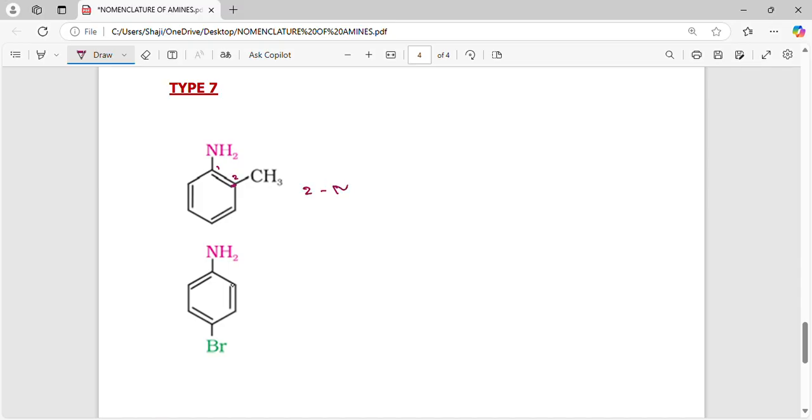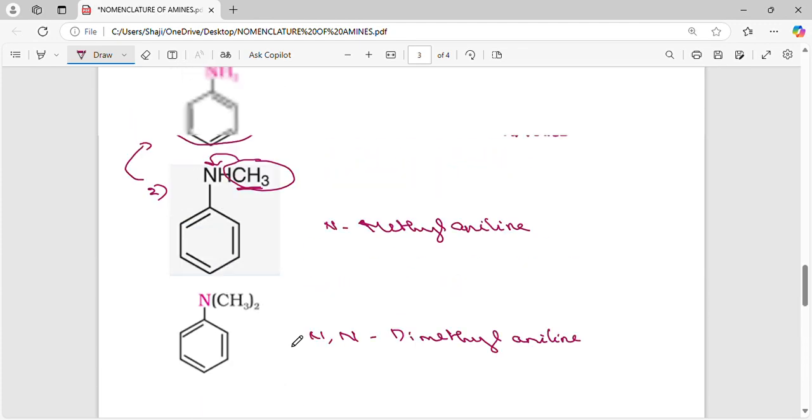So carbon 2 is attached with the methyl group. So 2-methyl. Then the normal name is aniline. 2-methyl aniline. And here bromine is attached at the 4th position. So 4-bromo. 4-bromo aniline. So this is how we are naming amino groups.